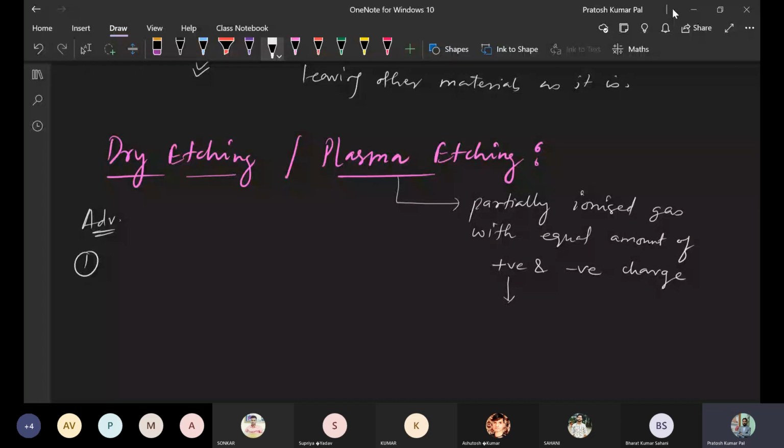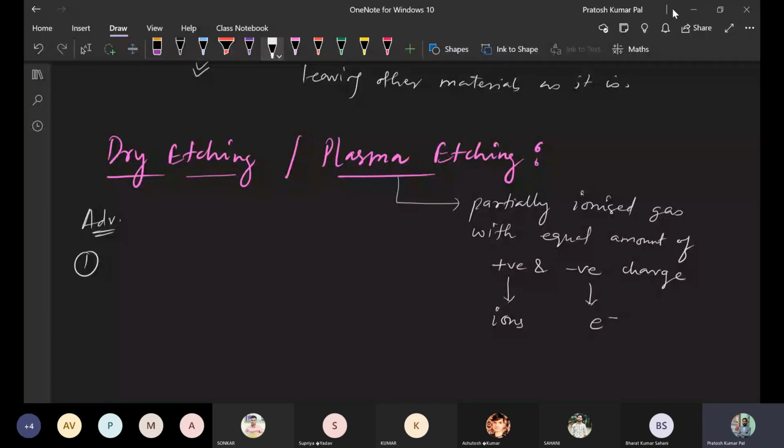So electrons constitute the negative charge, and ions will be there. Based on the etchant, there will be some ions, so ions of the gaseous atoms will be there, and electrons will be there.